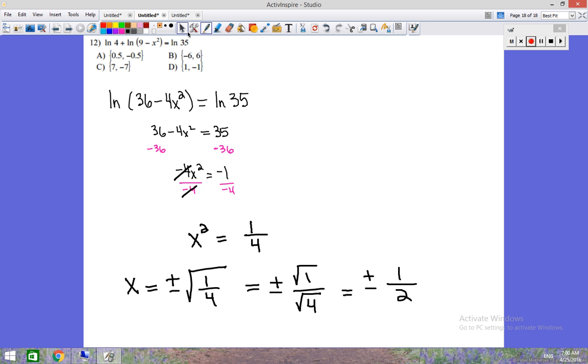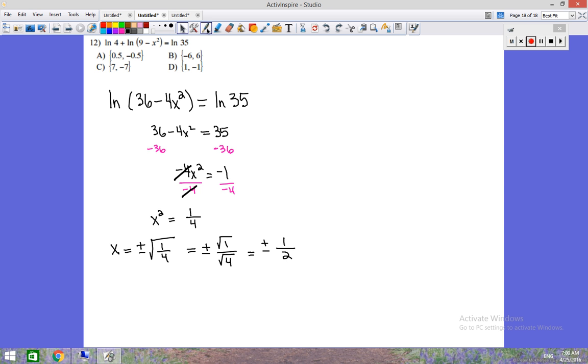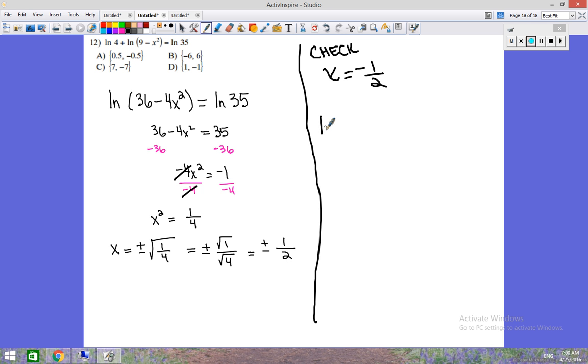So we have to check these to see if they both satisfy the original equation, make sure that one of them is not extraneous. So let's come over here and let's check. We'll start out with negative 1/2. On the left hand side, we've got the natural log of 4 plus the natural log of 9 minus negative 1/2 squared.